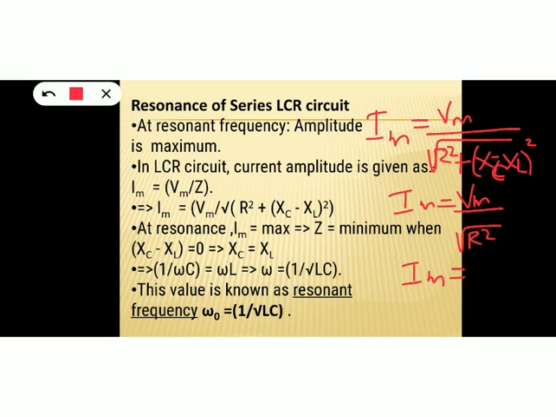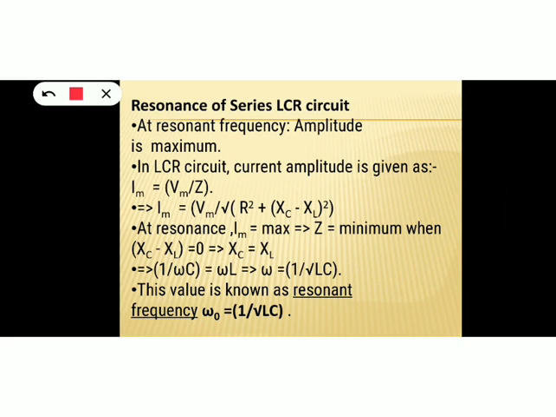So Im is equal to Vm by R. At this condition, the current amplitude is maximum because Z is minimum. So what is the condition for the maximum value of current? The condition is XC equal to XL, because only when XC is equal to XL will the XC minus XL term be 0 and current amplitude Im be maximum. So this is the condition for the maximum amplitude of current in an LCR circuit.